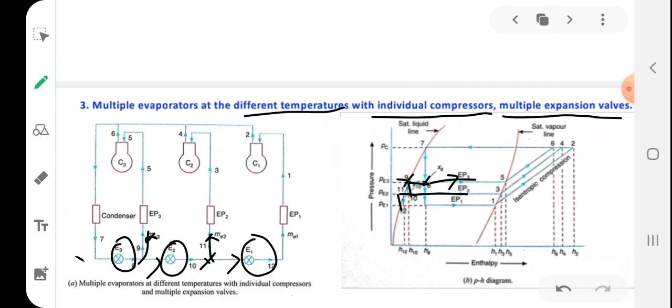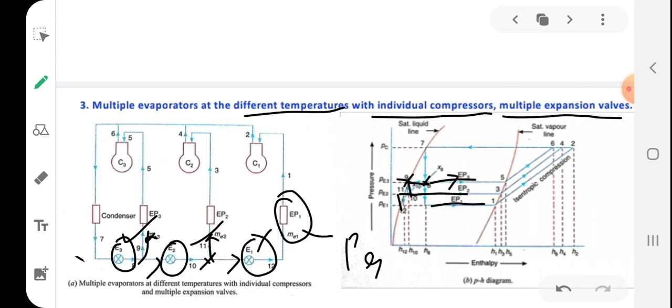So this is multiple evaporators at different temperatures with individual compressors and multiple expansion valve. Why is it not considered as individual expansion valve? Because for this evaporator EP1, the pressure is reduced to PE1 through all three expansion valves. Not a single expansion valve is doing all the job.